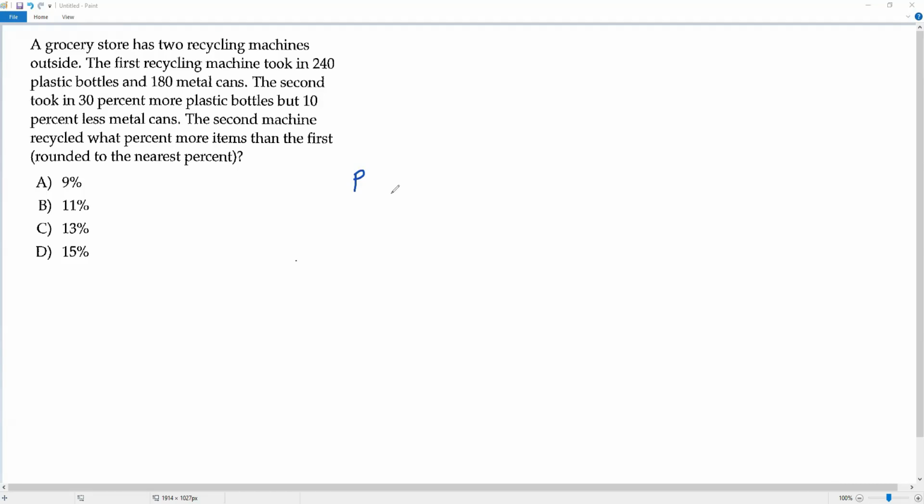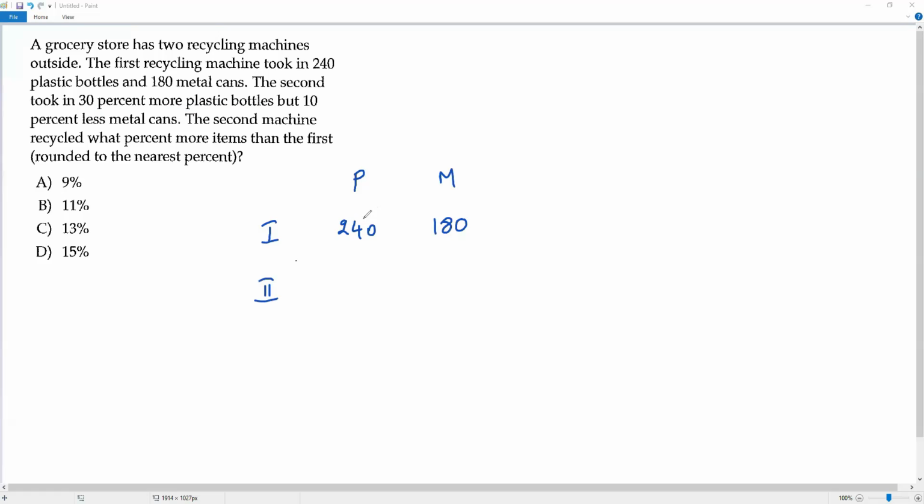Let's assume that P stands for plastic bottles and M stands for metal cans. Here, first machine and second machine. The question says the first recycling machine took in 240 plastic bottles and 180 metal cans. The other information says the second took in 30% more plastic bottles than the first one.